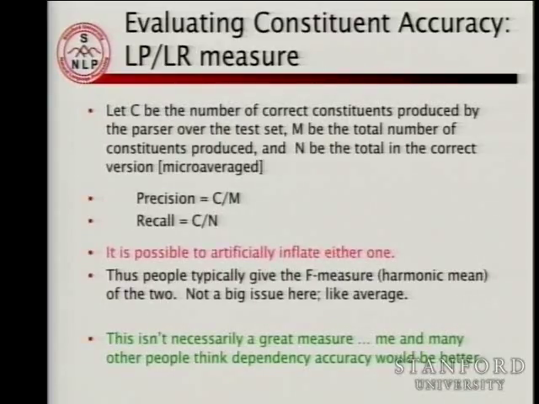Because in practice, everyone is putting a tree structure over sentences that resembles a parse tree. It's not the case that some people are returning a completely flat analysis, saying sentence goes to all the words, and therefore doing terribly on recall, but their precision is always 100% because the things that they do propose are always right.